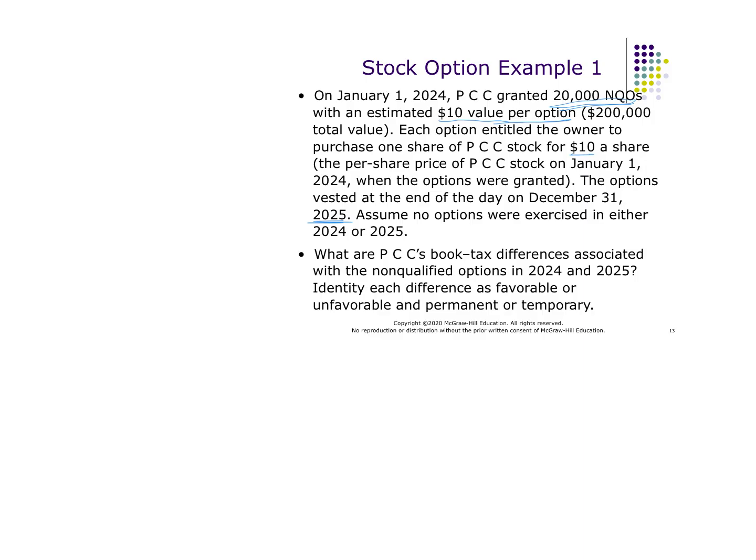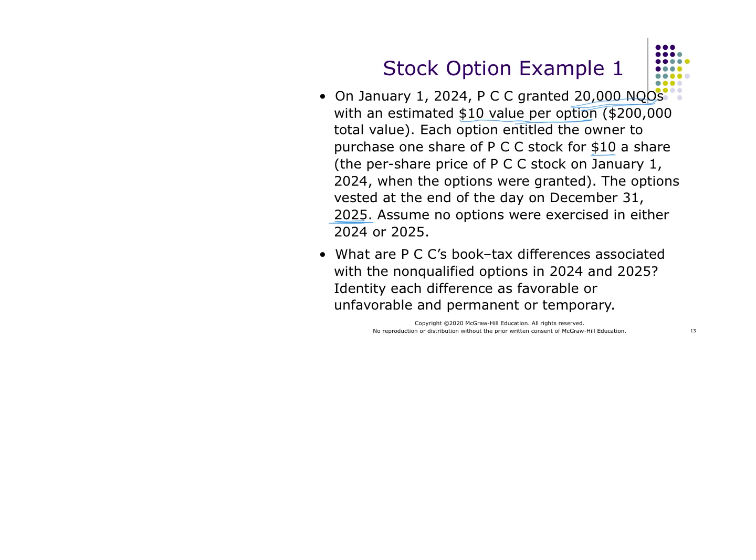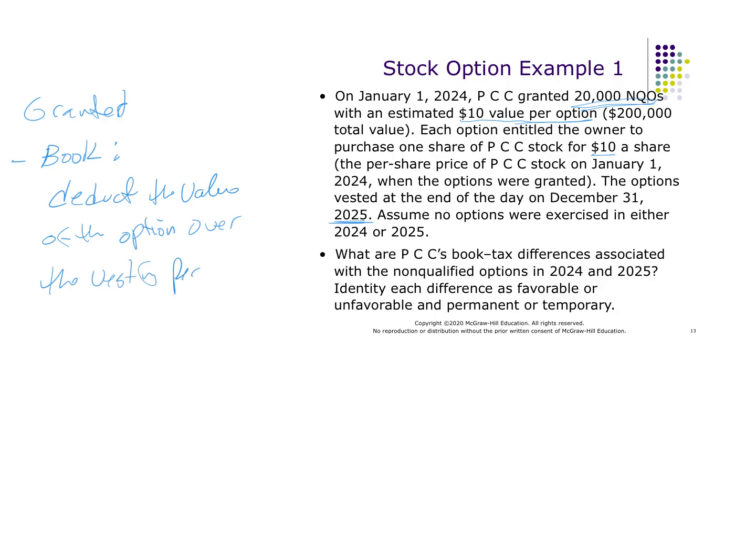According to our stock option rules, when those stock options are granted, for book purposes, you deduct the value of the option over the vesting period as compensation expense.